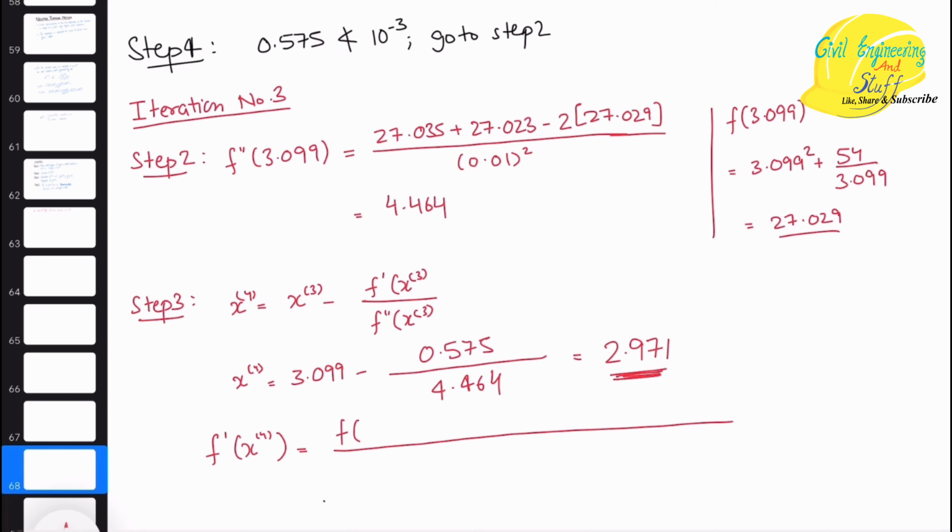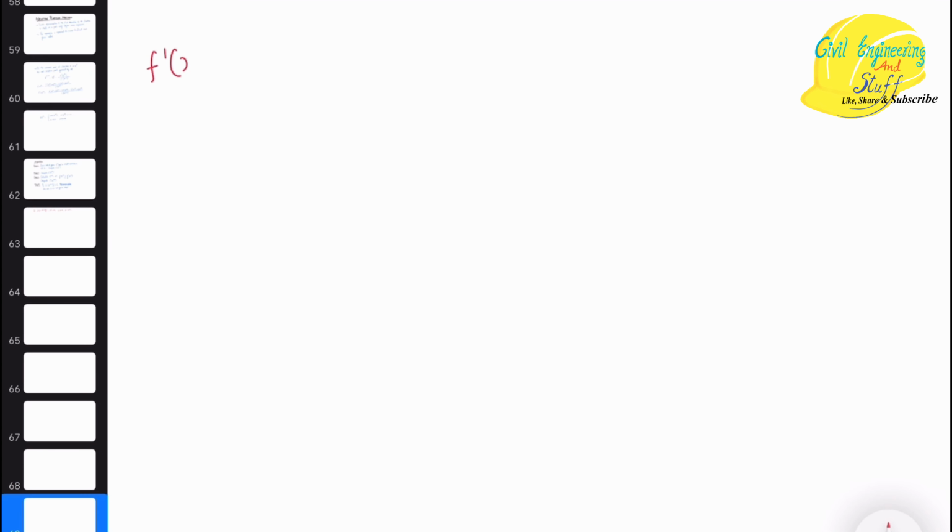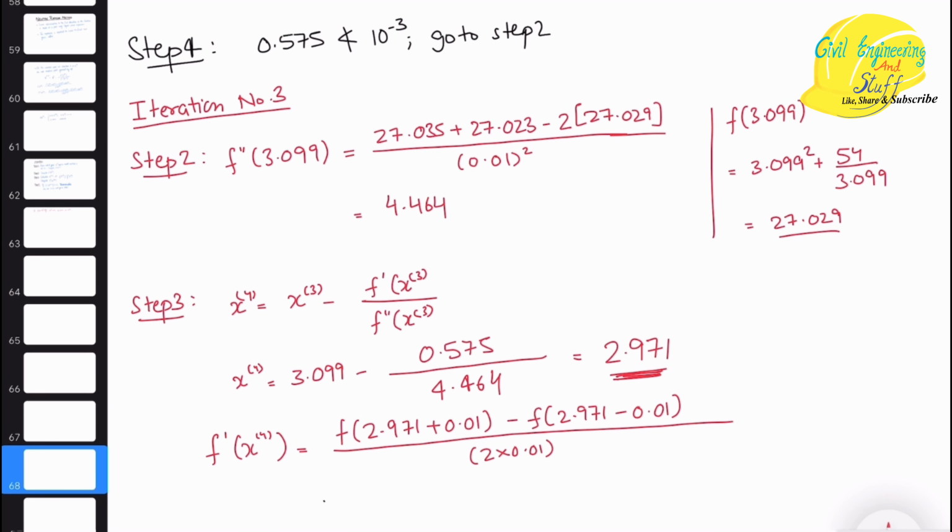F of 2.971 plus 0.01 minus f of 2.971 minus 0.01 divided by 2 into 0.01, that is f dash x4 is equals to the function value of 2.981, right?